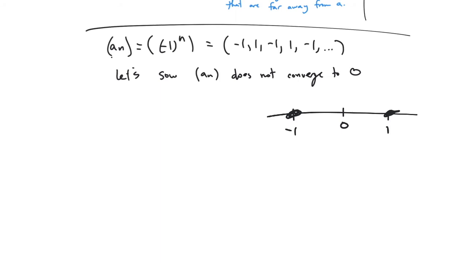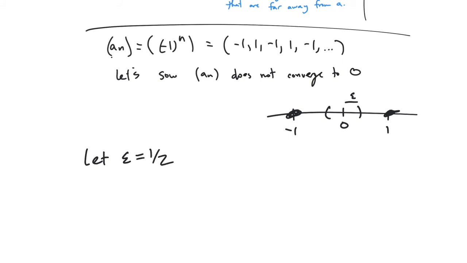Can anyone think of such an epsilon? I want to choose a neighborhood, say with some epsilon like this, so that the terms will be outside of there. This is not a hard question. What do you think? Yeah, 1/2 I think is a natural choice. Actually, any number greater than 0 and less than 1 would do. So I'm going to say let epsilon equal 1/2.